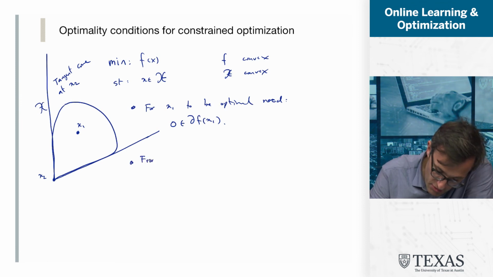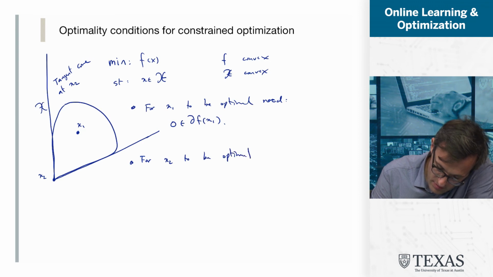So from x2, for x2 to be optimal, I need every direction of allowable movement.